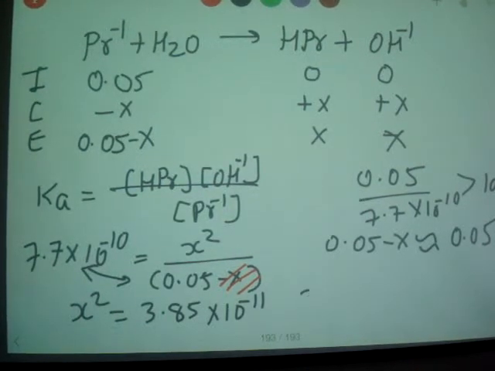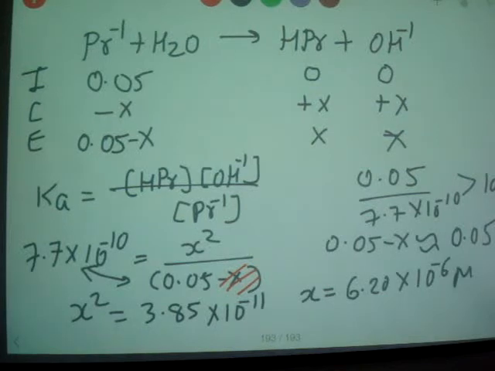When you take the square root, x equals 6.20 times 10 to minus 6 molar. That's the concentration of OH minus. Now we can find out pOH and pH.